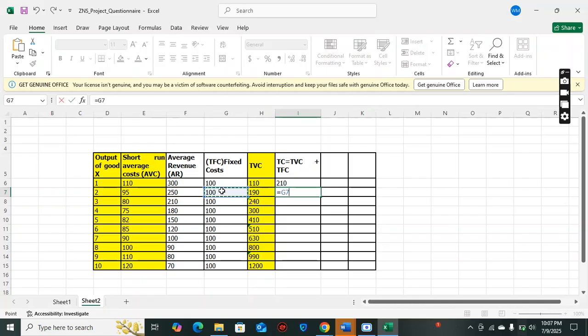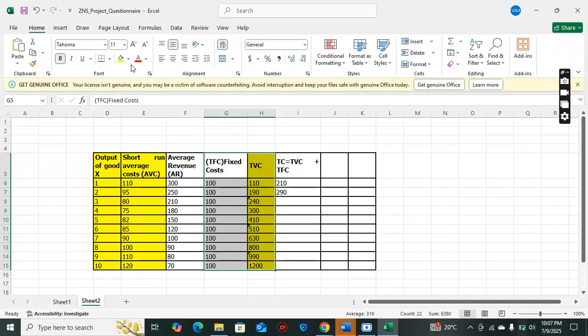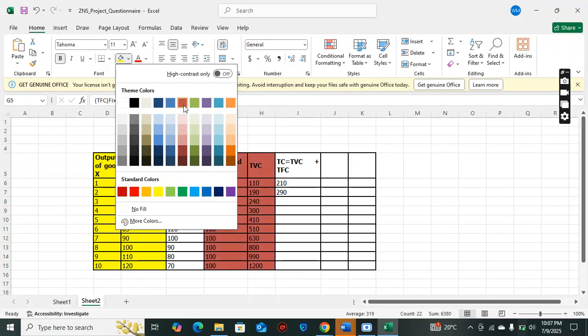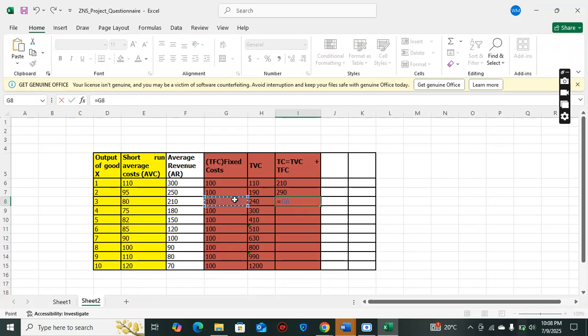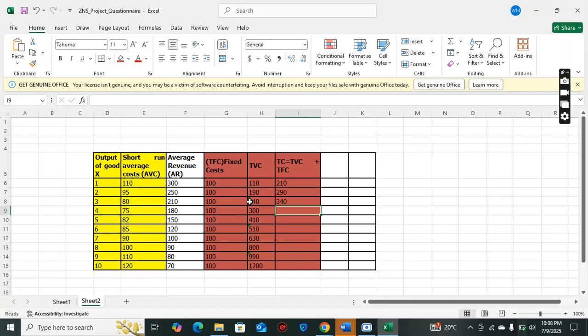Here 100 plus 190 is 290. Okay, colleagues, I'm adding these two columns to get this total cost. I hope the numbers are still visible. 100 plus 240, 340. Okay, you just add the total variable cost and the total fixed cost.